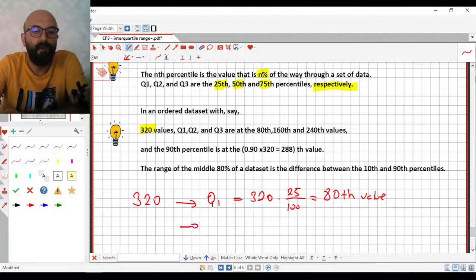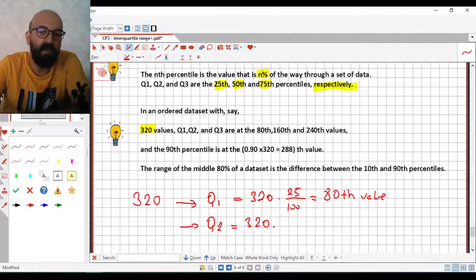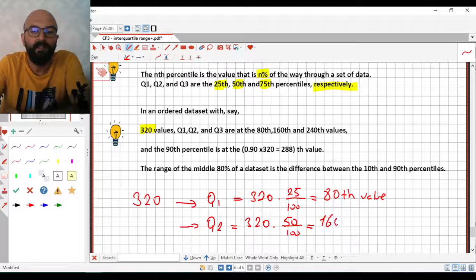If we want the median, or Q2, we multiply 320 by 50% and find the 160th value.